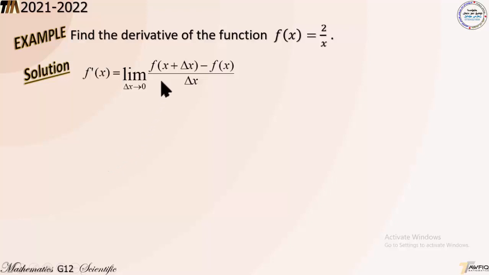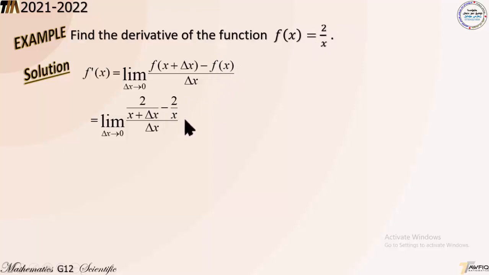Now replace x with x plus delta x, which becomes the limit as delta x approaches 0 of 2 over x plus delta x, then minus f of x, which is 2 over x.